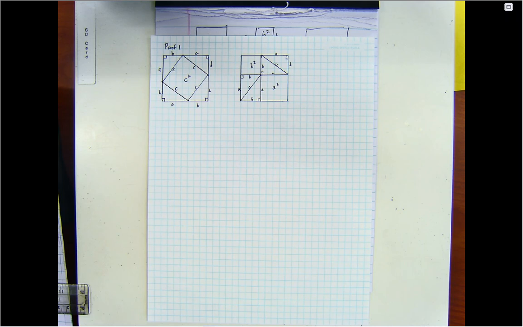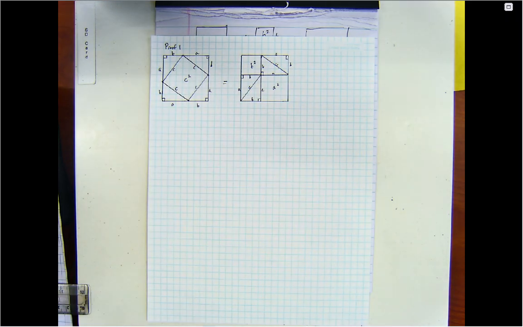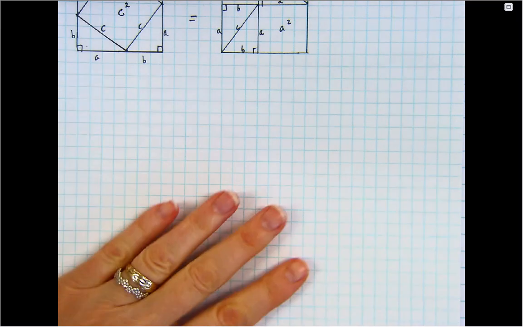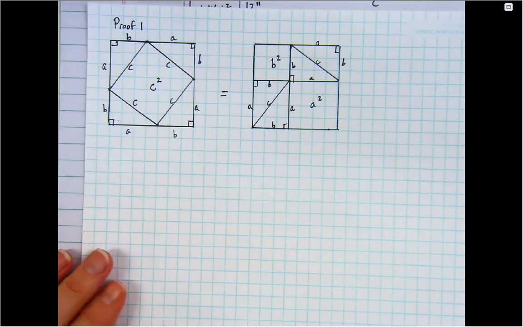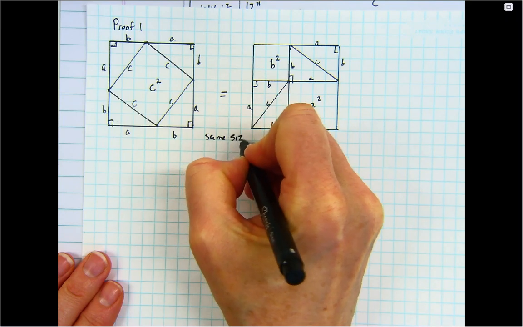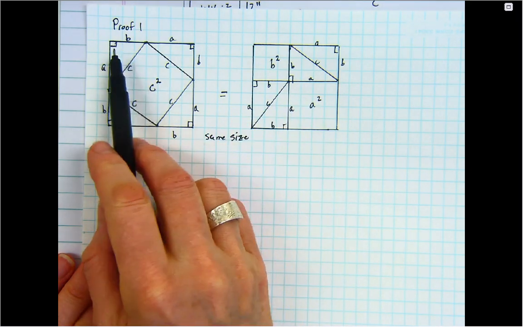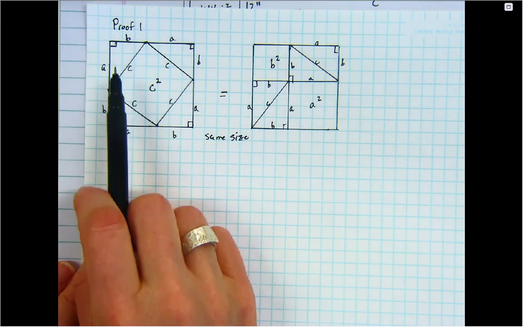What do you notice about these two squares? They are the same size. They're equal. Okay, so they're equal in size. And for our reader, we can make that real clear by writing they are the same size.